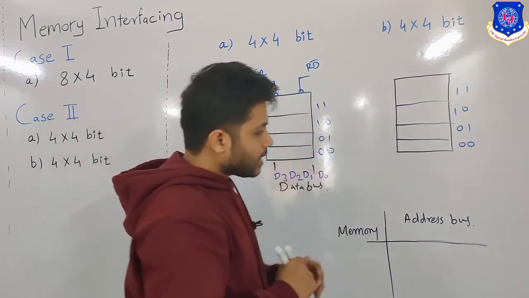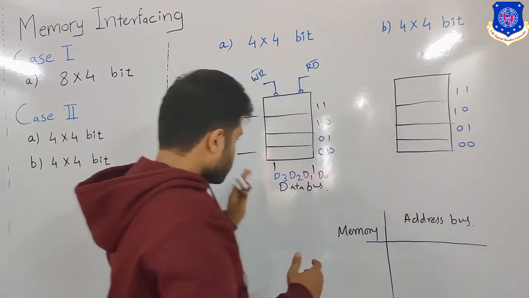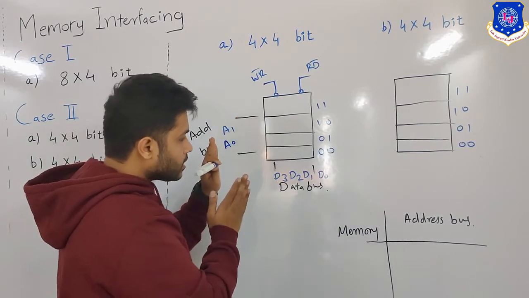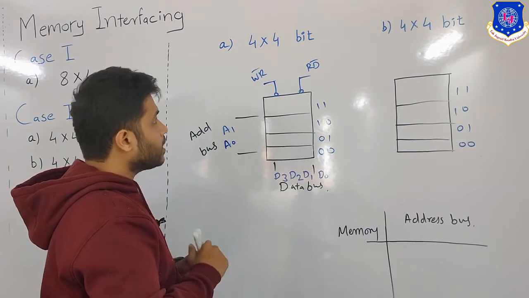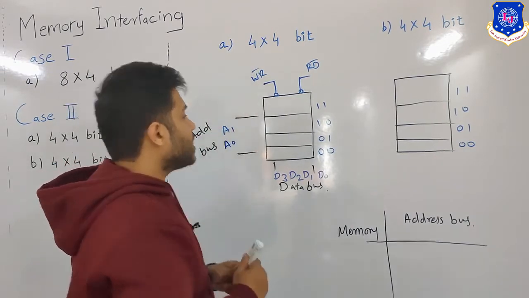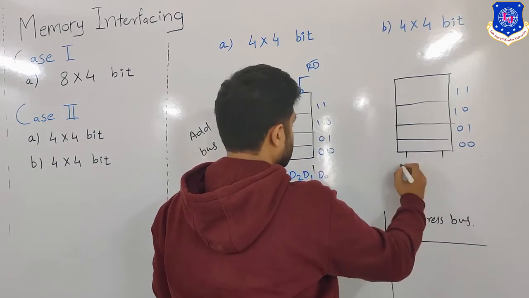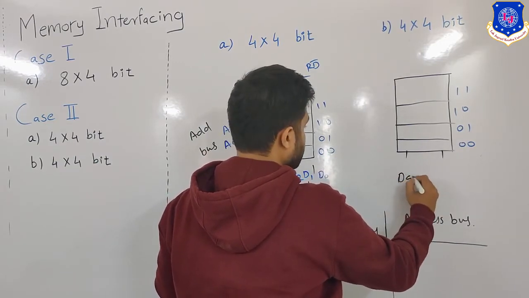Now these two memories are identical, so the same address bus, data bus and control signals needed for memory A will be needed for memory B. So let's provide the same thing.